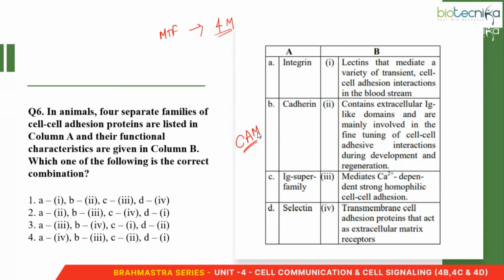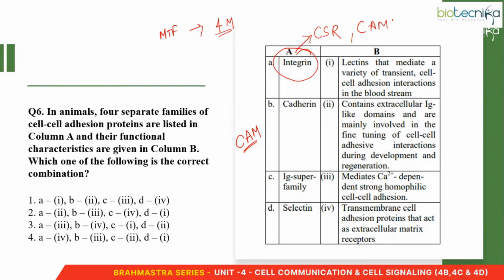Okay, Astha and Anupam. Anyone else would like to take up this question? So, well, integrin is a protein that can serve both as a cell surface receptor as well as your cell adhesion molecule.